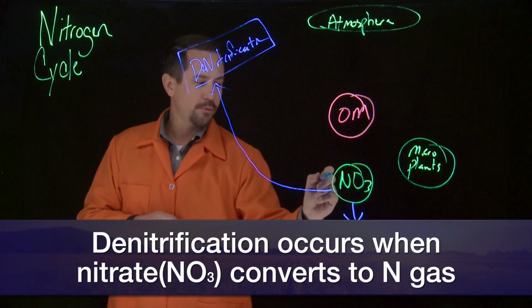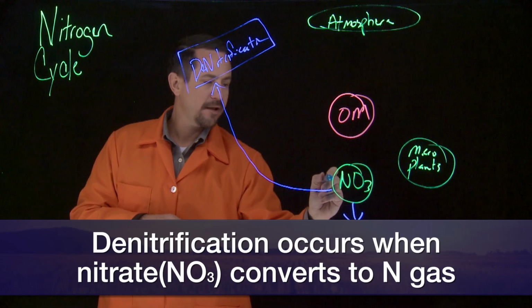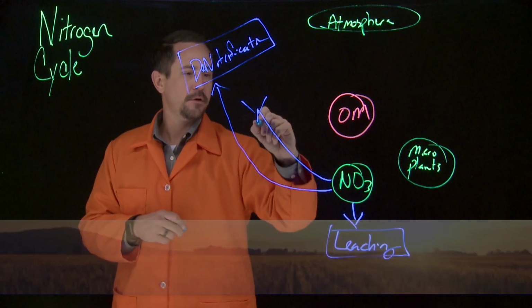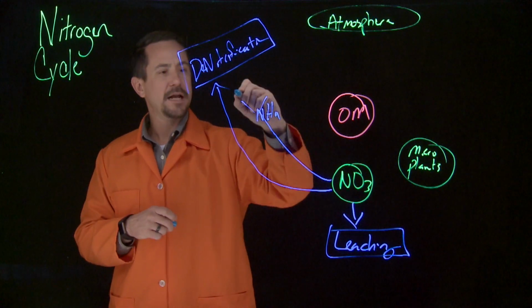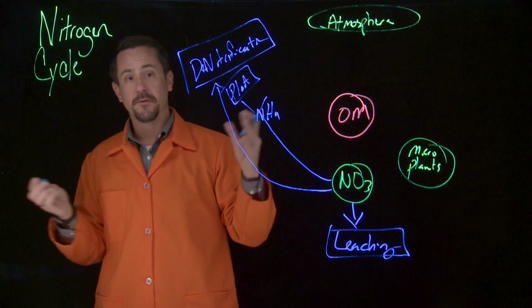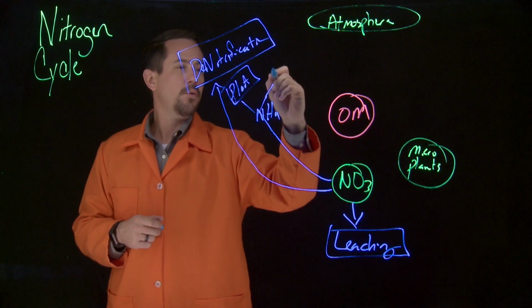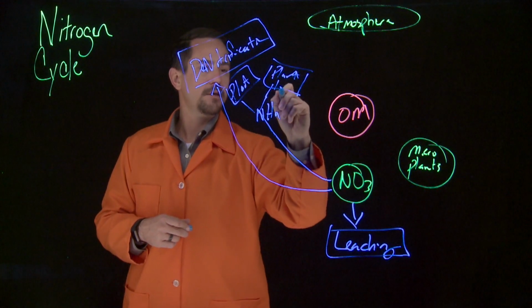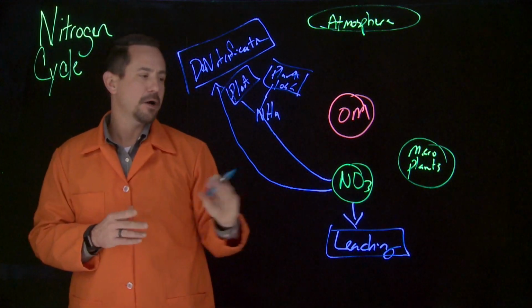We also have another pathway that's not just a loss, where nitrogen from nitrate turns into ammonium. The ammonium is taken up into the plant as amino acids, but we have plant loss as one of our pathways. This is one of those loss pathways that a lot of people don't think about.